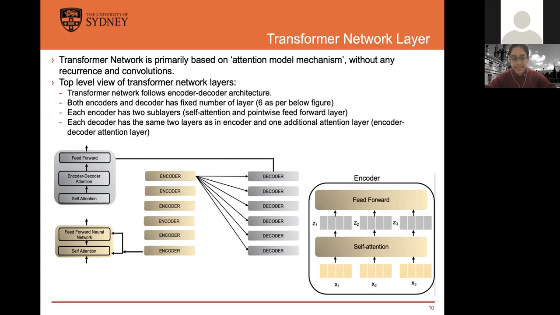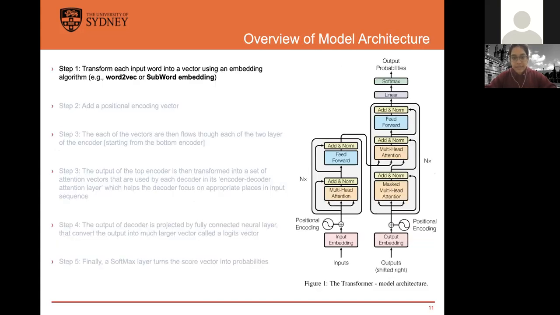Each encoder layer has two sub layers, one self attention layer and one pointwise feed forward layer. The decoder has the same two layers, but it has one additional attention layer called the encoder decoder attention layer. I'll discuss every step in detail now.